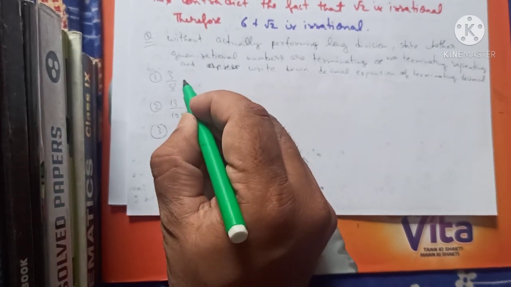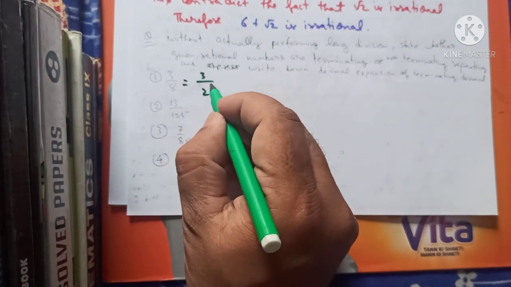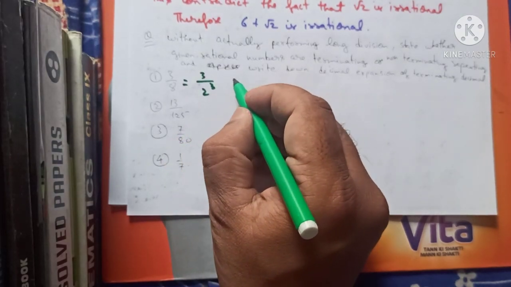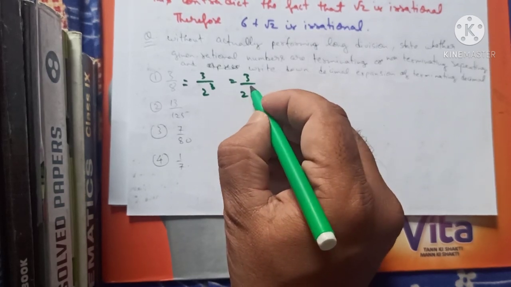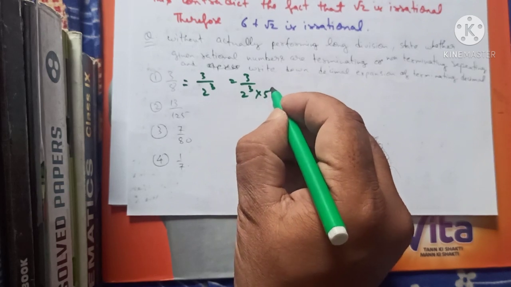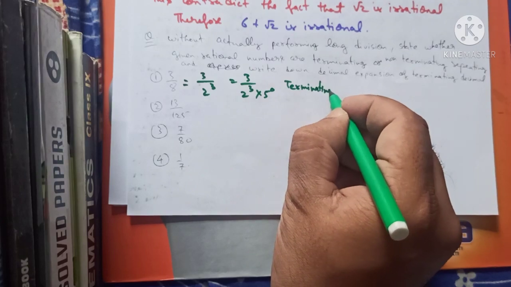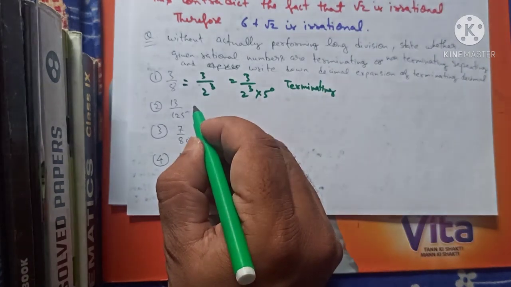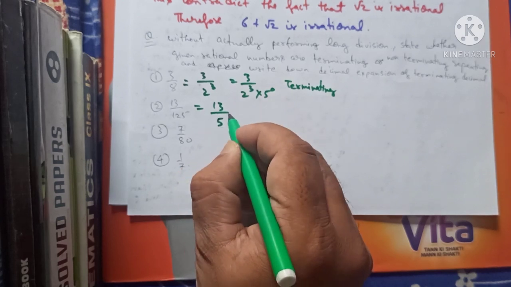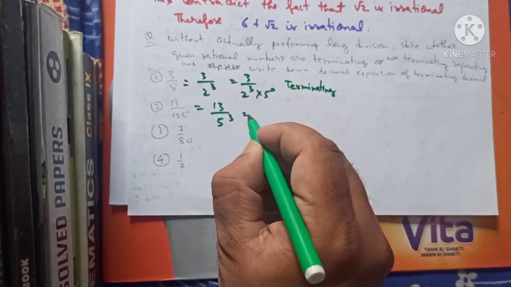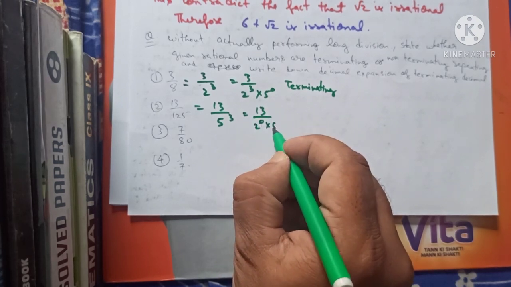So 3 upon 8 can be expressed as 3 upon 2 power 3, in the form of 2 power n into 5 power m as 2 power 3 into 5 power 0. So it is terminating. Understood? Secondly, 13 upon 125 can be written as 13 upon 5 raised to the power 3, that means it can be expressed as 13 upon 2 raised to power 0 into 5 raised to power 3.